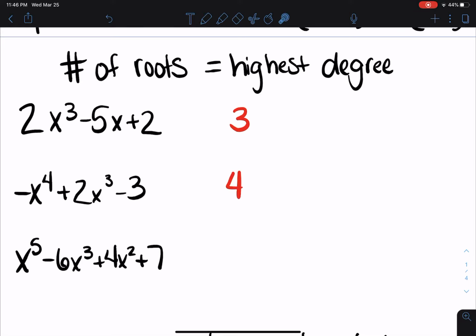On this last one, we have a 0th, a 2nd, a 3rd, and a 5th, so our highest degree is 5. So the number of roots on the first one is 3, the number of roots in this function is 4, and the number of roots in this function is 5. Roots, remember, mean where we're crossing the x-axis.